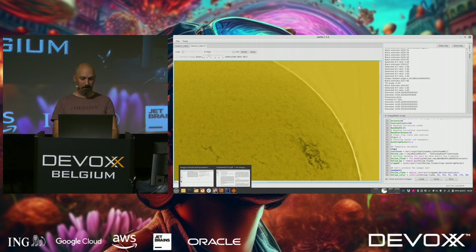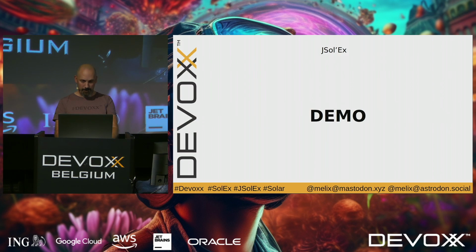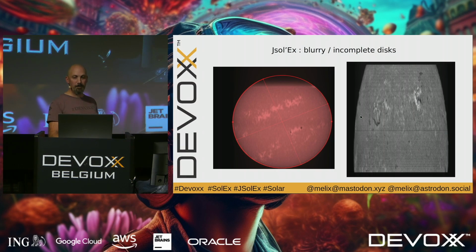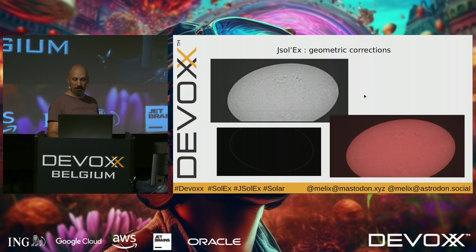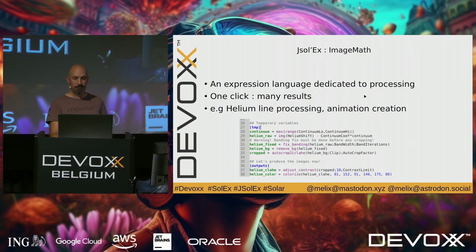Okay, let's go back to slides because I have 5 minutes left and maybe questions. So again, what the program does is basically this kind of thing: geometry correction, ellipse fitting, etc. Then it has to deal with things like the blurry disk, or if you use calcium in particular, the calcium is very difficult to process, to figure out the edges of the sun when you process that line.